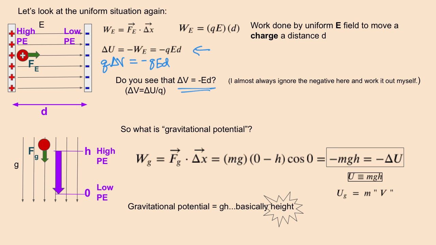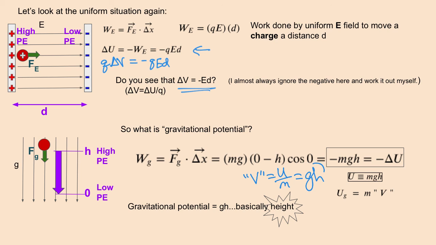But then if you're trying to figure out which one's high, which one's low, then you use your brain. So back to the question: what is gravitational potential? Here's our ball. I'm going to drop it from h to 0. And there's our U equals mgh. Well, if V is U over m, then our potential is gh.